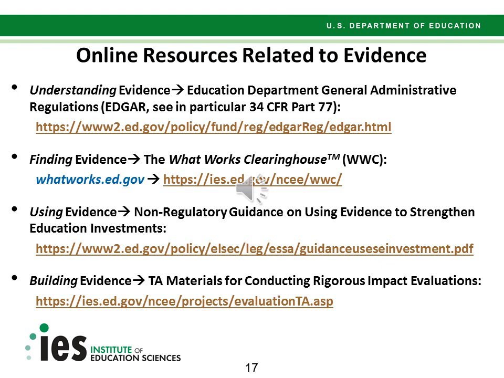Second, to find evidence from experimental and quasi-experimental design studies reviewed by the What Works Clearinghouse, you can consult the WWC website, whatworks.ed.gov. As I mentioned previously, a separate presentation provides details on how to use the WWC website to find strong or moderate evidence of positive effects of education interventions.